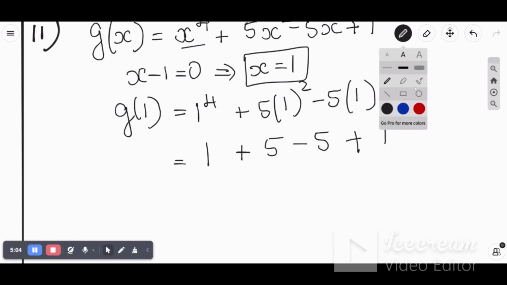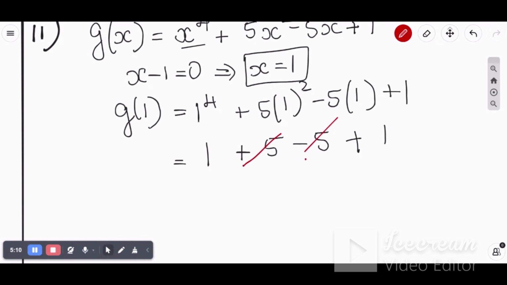Here you can see this minus 5 and plus 5 will get cancelled. Do it carefully. It might seem easy but sometimes you might go wrong. So 5 minus 5 is 0, and 1 plus 1 is 2. Be careful, you have got your g of 1 as 2.